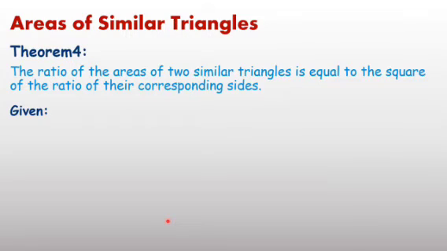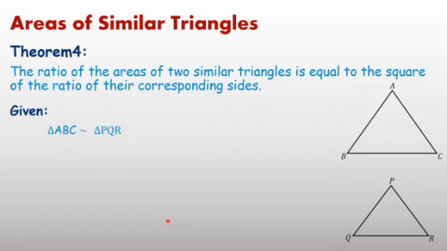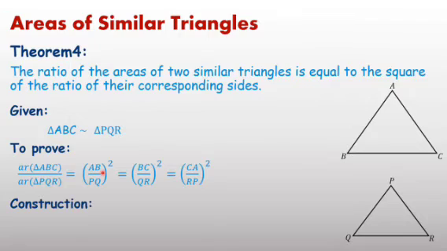The given part is: if triangle ABC is similar to triangle PQR, then area of ABC upon area of PQR equals the ratio of corresponding sides squared, meaning AB upon PQ whole square equals BC upon QR whole square equals CA upon RP whole square.